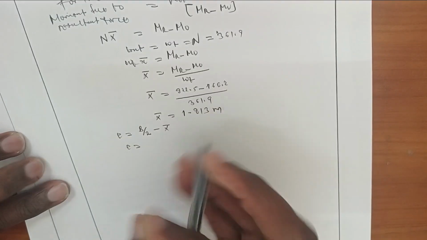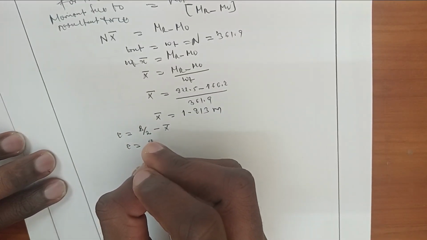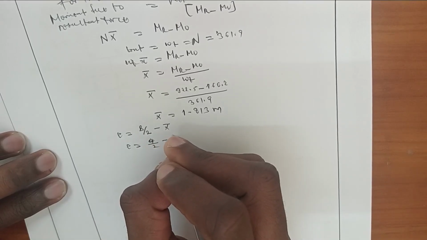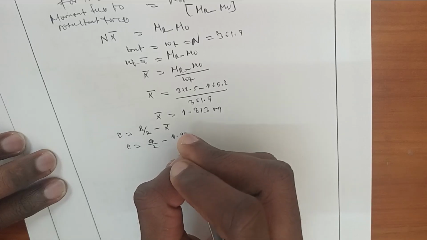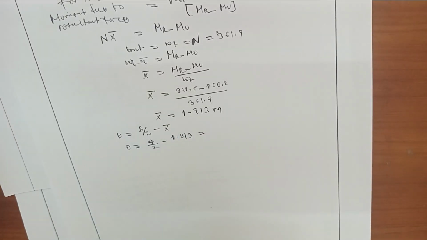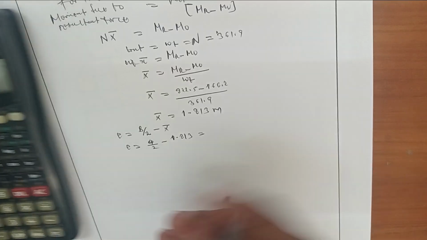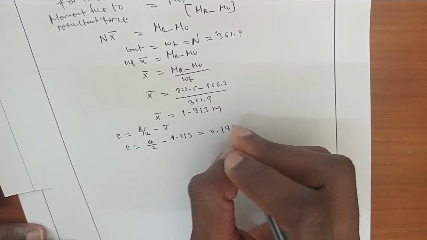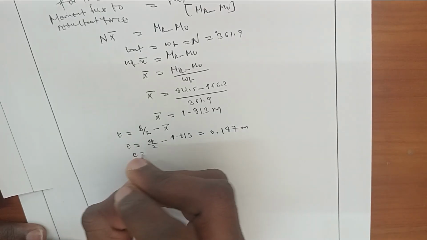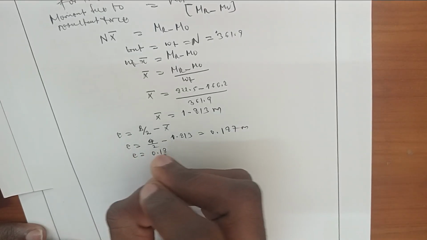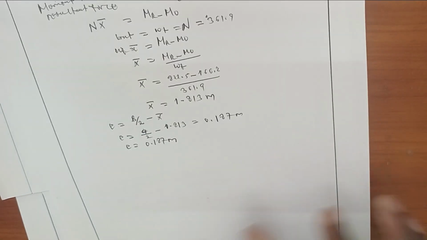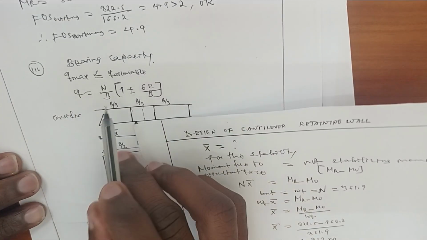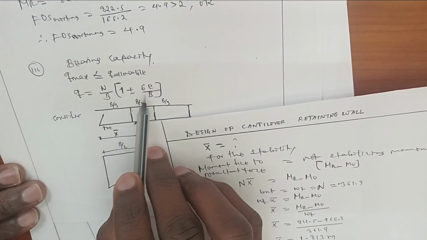So eccentricity will be equal to half the width of the base, 4 divided by 2, minus 1.813. It will be equal to 2 minus the answer, which is 0.187 meter. This is the eccentricity, 0.187 meter.